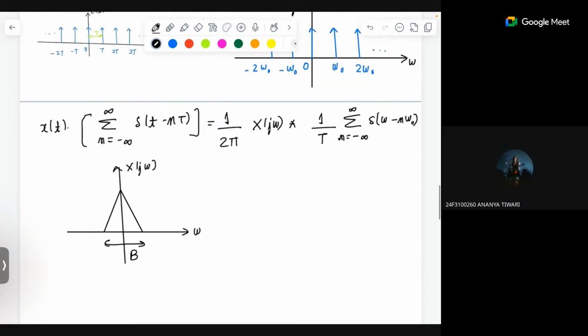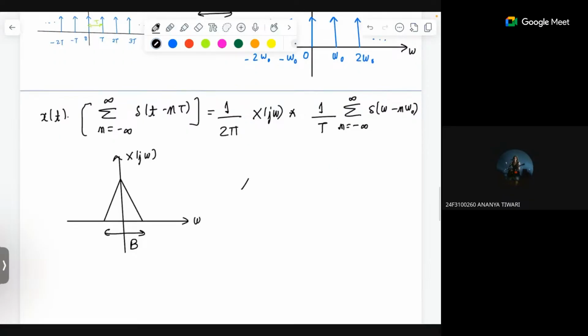Now look at this. When we convolve x of j omega with impulse, we get the same signal with some delay or advance, whatever is there. So what I'm saying is x of j omega convolved with delta of omega minus n omega naught will give me x of j omega minus n omega naught.